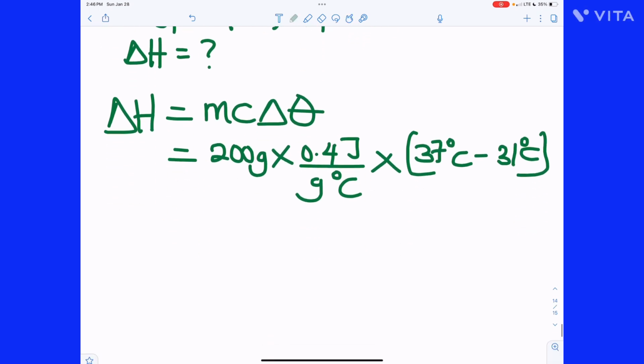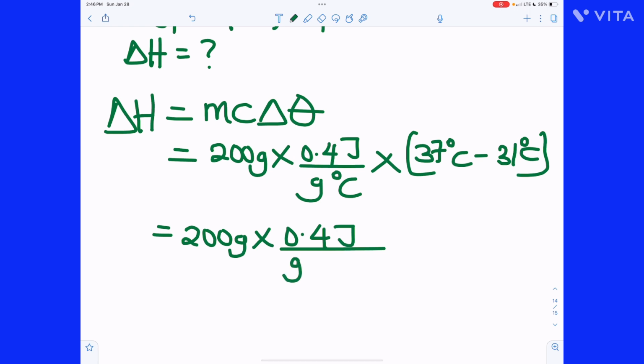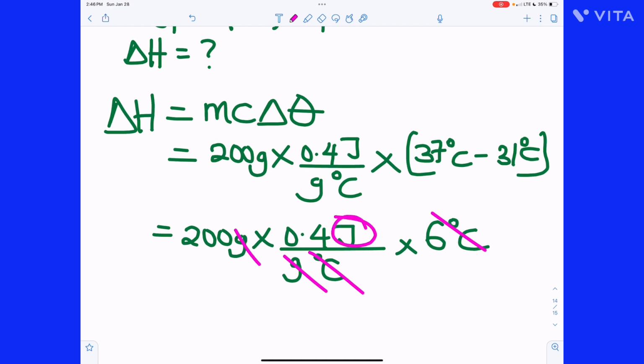So pay attention. This will give us 200 grams times 0.4 joules per gram degrees Celsius times 6 degrees Celsius. So units will cancel out. This cuts out this, this cuts out this. So everything you have left is just in joules.